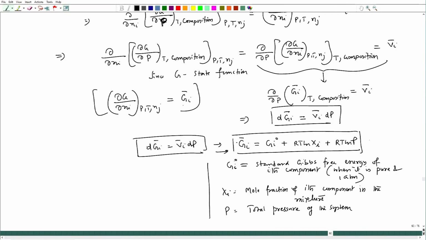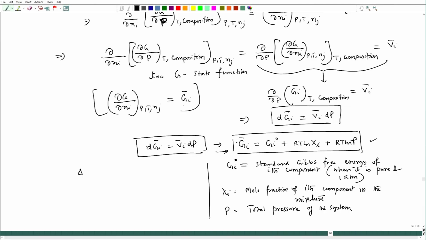So, in the next class our job would be to prove this equation as well as to calculate the values of enthalpy of mixing, free energy of mixing, and delta S mixing.